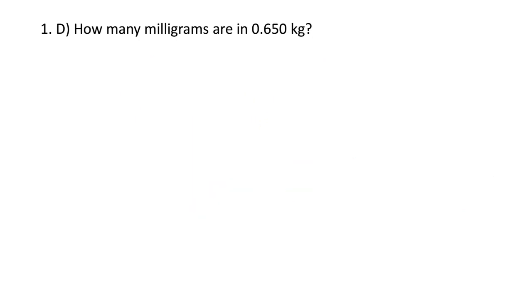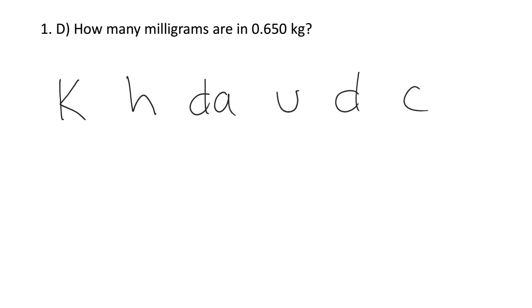Okay, before we start D, let's do King Henry doesn't usually drink chocolate milk. Okay, so let's put our number down. So this time it says how many milligrams are in 0.650 kilograms.